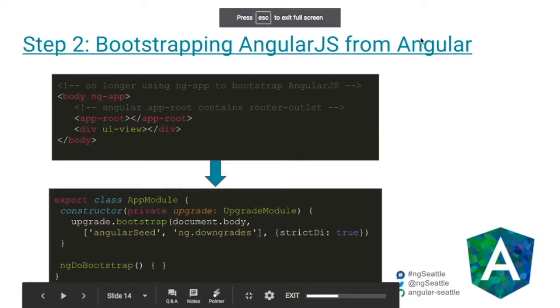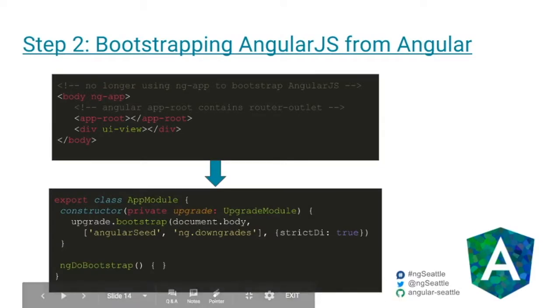So what was before is you had body ng-app, and this basically said bootstrap AngularJS and continue as normal. What we're going to change is you're going to remove that ng-app, and instead you're just going to add in, by the way, I'm using UI Router for handling the routing for the AngularJS application. I'm not too familiar with the AngularJS router that comes with it, but I think it has a similar notion of views. So in UI Router, it's ui-view.